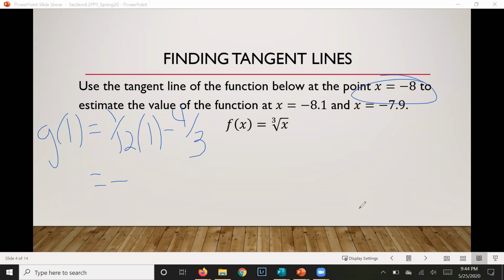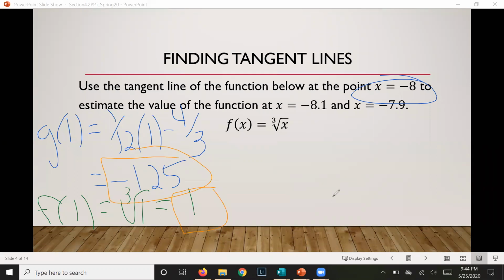That gives us negative 1.25. But if I do f of 1, plugging it into the original function, the cube root of 1 is just 1. Notice that's nowhere close to what the equation of the tangent line gave us. So that's an example of how this doesn't work for values that are far away from the point we used to find the tangent line.